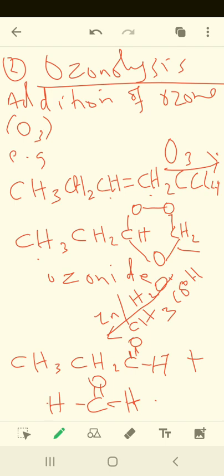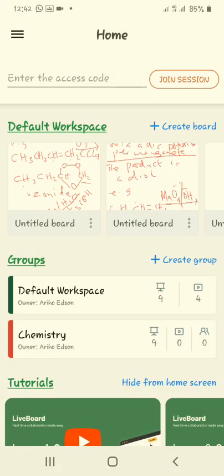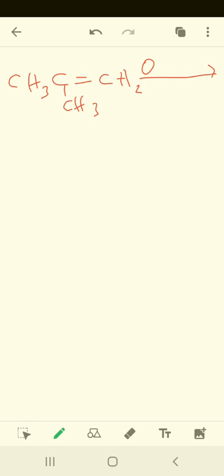I'm going to give you another example which involves ozonolysis. Just pay attention to this. Let's say you have CH3, CH3, then CH2, and add ozone.